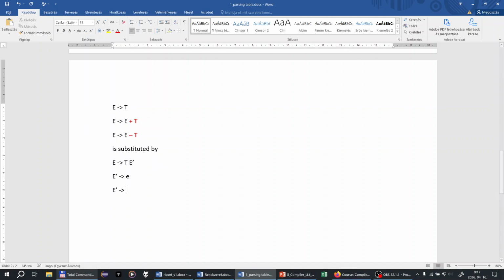So we have plus T E prime and minus T E prime. And this T is the only part which is not repeated, which is written down here.